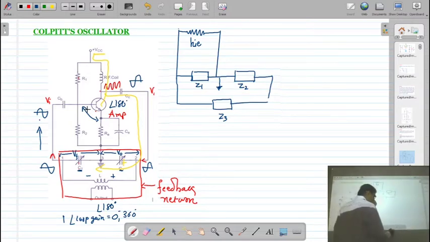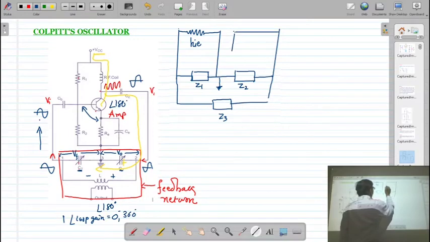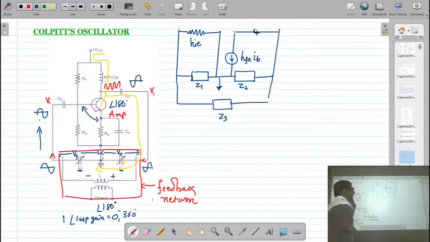So if we draw this, the current source you can represent in this way. What is the value of the current source? It is hfe into IB. This current is going to flow like this. And this is the equivalent circuit.